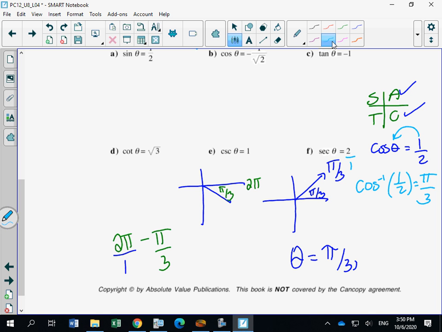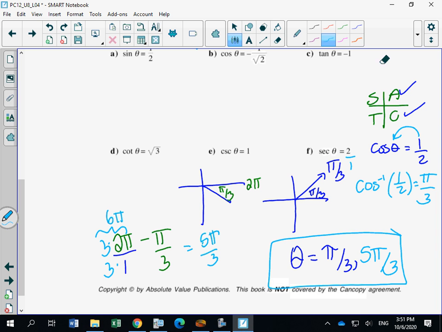Make yourself common denominators, so times this by 3 and times this by 3. This gives me 6 pi minus 1 pi is 5 pi over 3. That would be your second answer, and that's how you would do number 5.